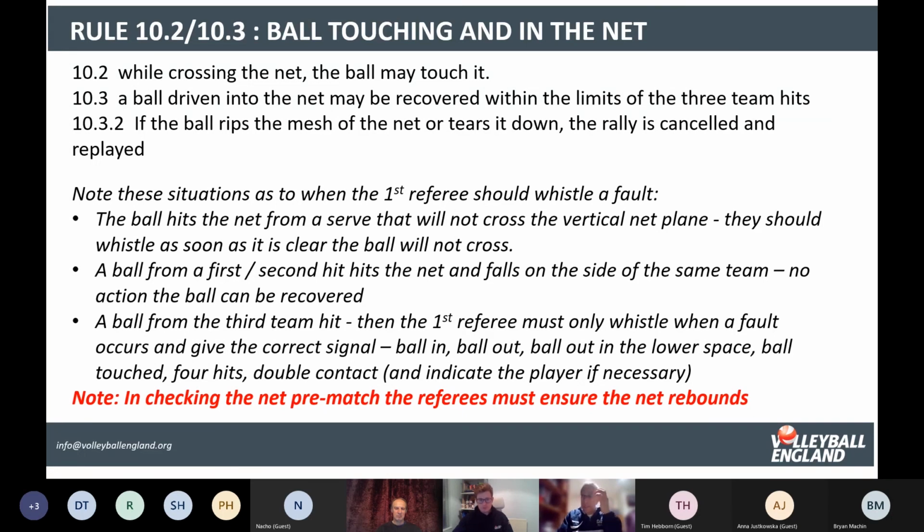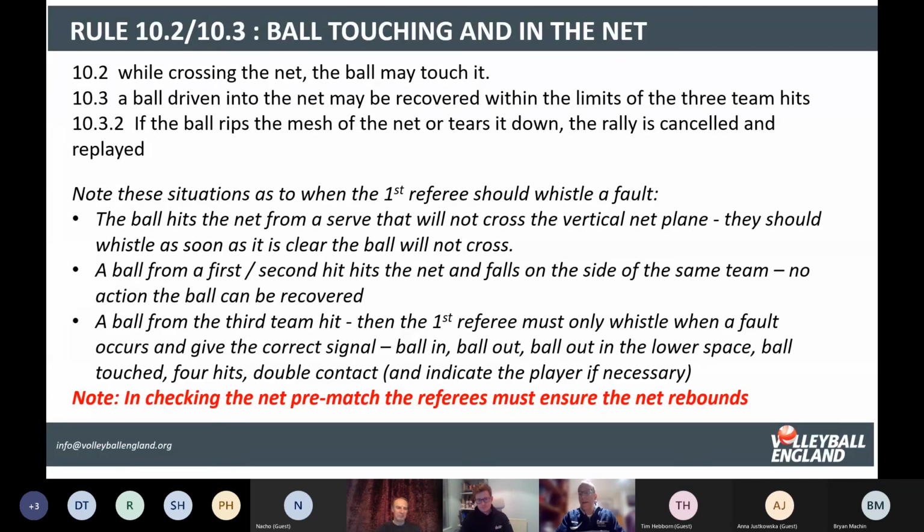And one of the things that you do before the start of the match, I hope, in your checking, is that one of your checks is to use a ball and throw it at the net to see how it rebounds off the net. Because what you don't want is the ball being hit into the net and the net giving way so that the ball drops vertically straight into the opponent's court.